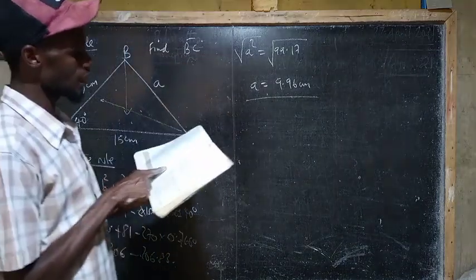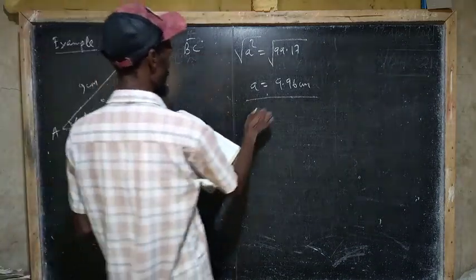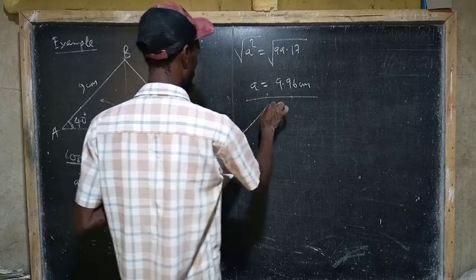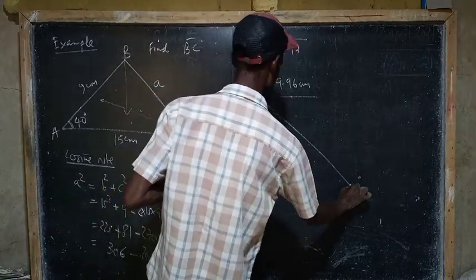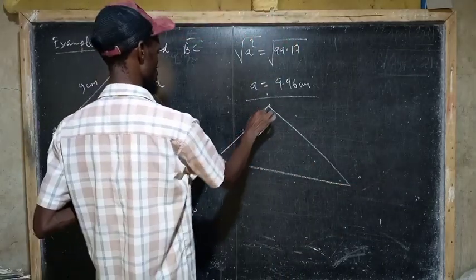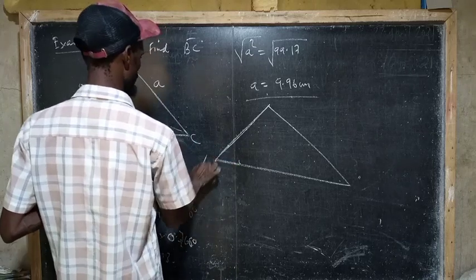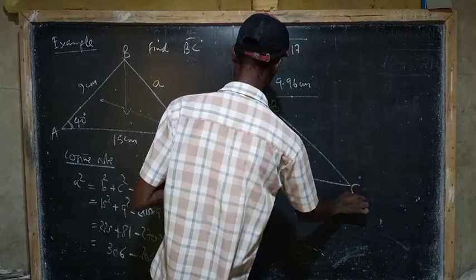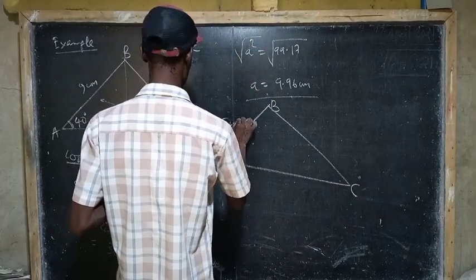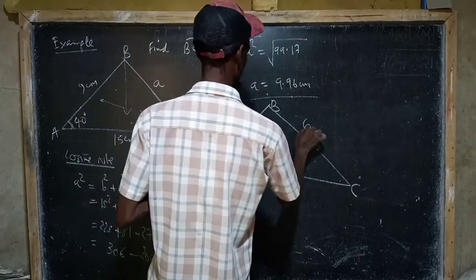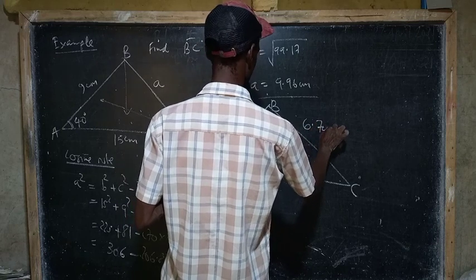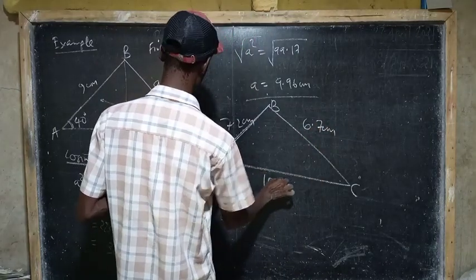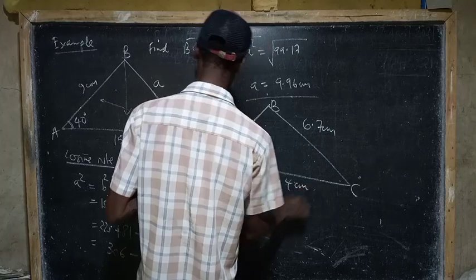Let us see another example. Maybe another example hapa tumepewa hii hapa. Hapa tumeambiwa ni A, hapa tumeambiwa ni B, alafu C, hapa tuna 7.2 cm, hapa tuna 6.7 cm, alafu tuna 10.4 cm.